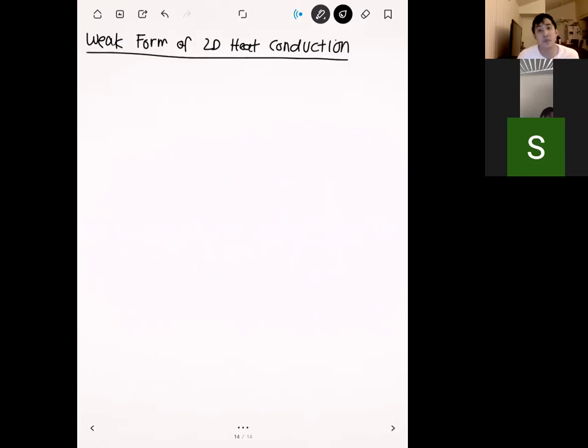Okay. And so just like in the 1D case, we can derive the weak form. The way that we're going to do that is we're going to multiply by a weighting function and then integrate over the domain.